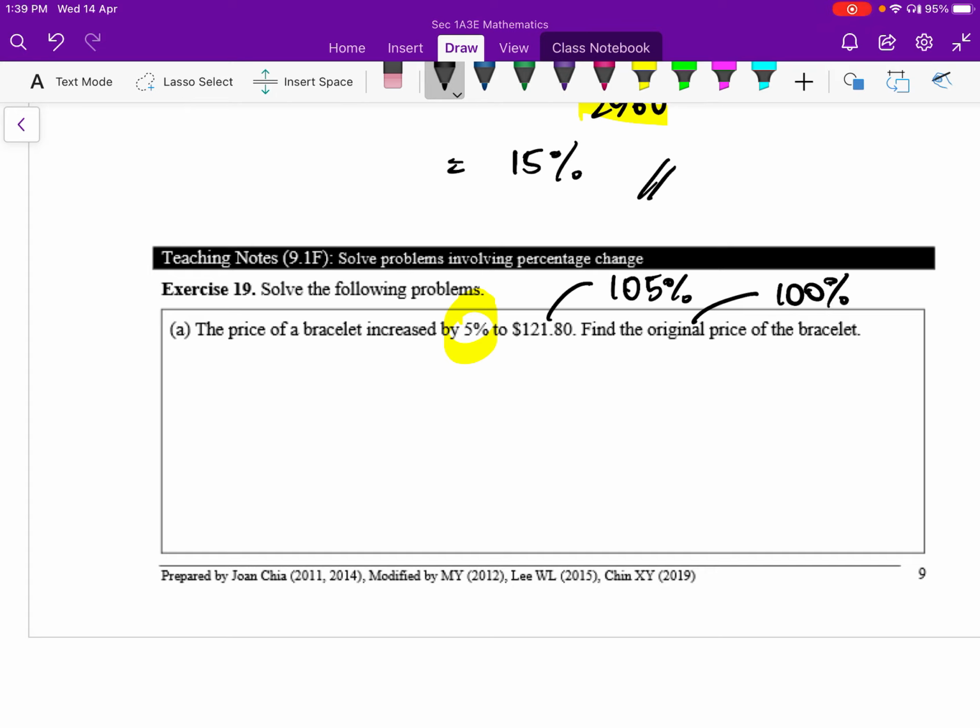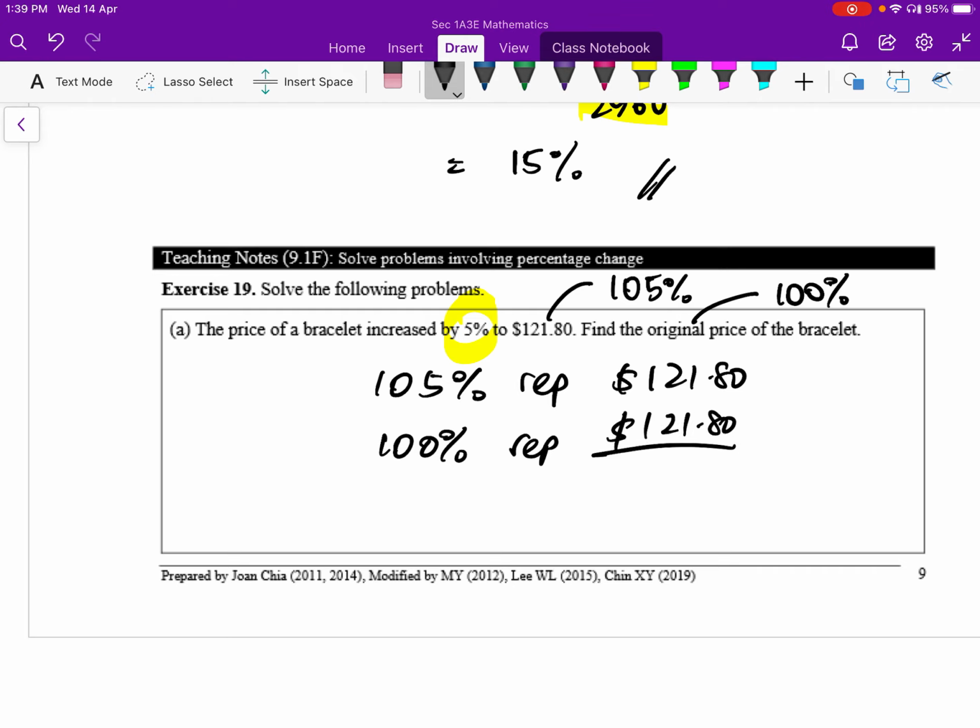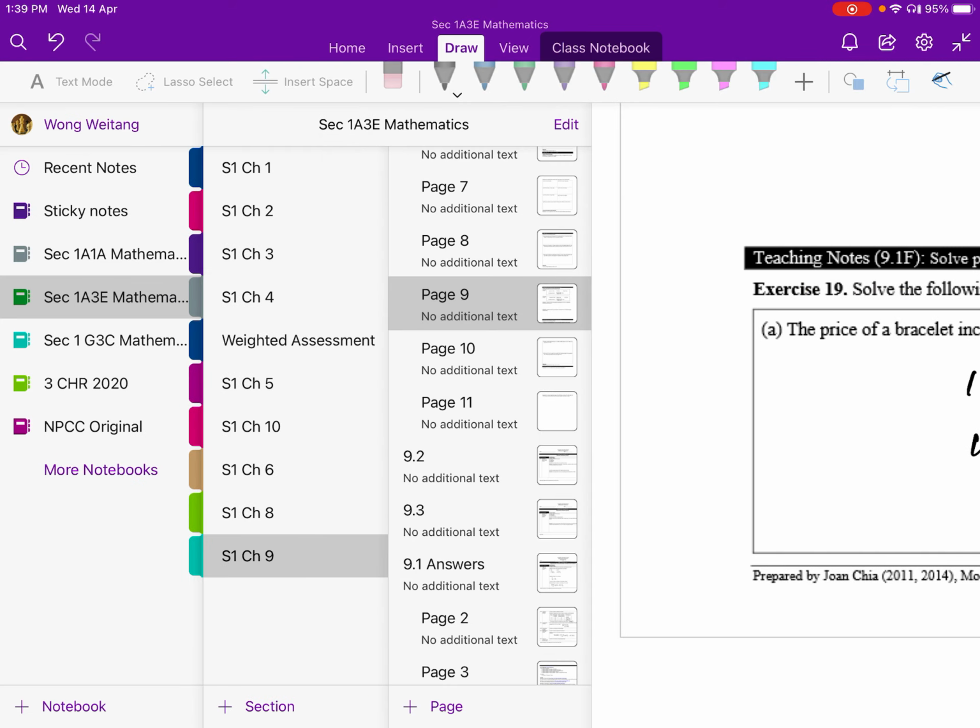So just same way. 105% represent 121.80. 100% represent 121.80 divided by 105 times 100. So 116. Original 116. So the key over here is identifying what is the original. Then you set that to be 100%. And you figure the rest out.